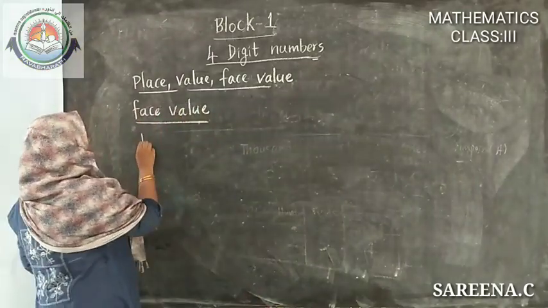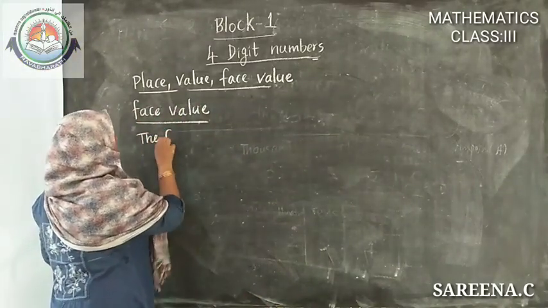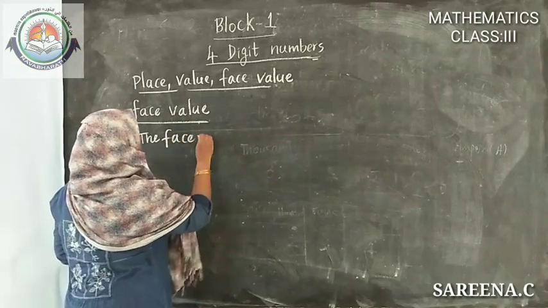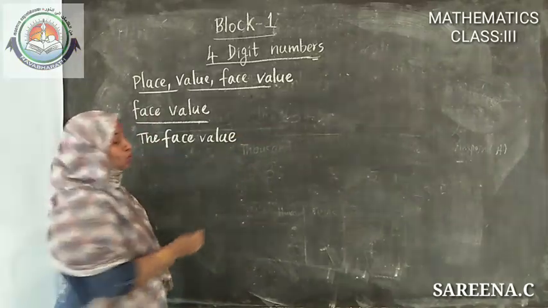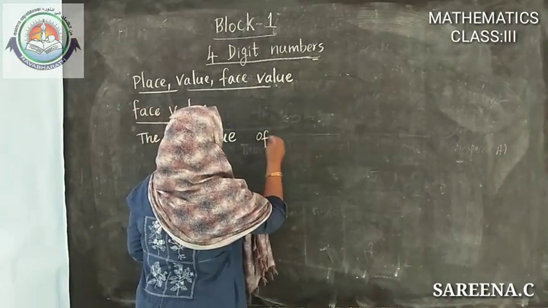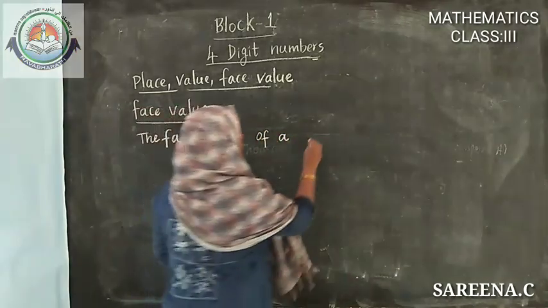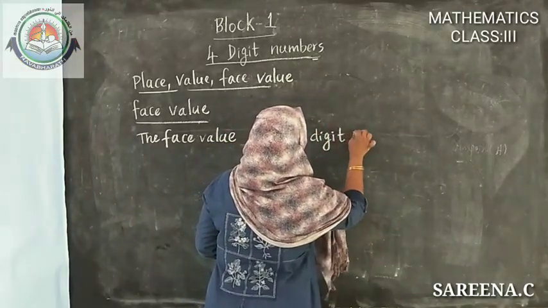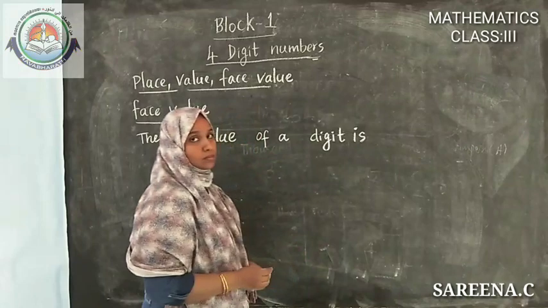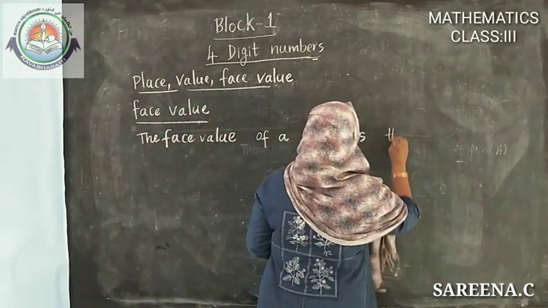The face value of a digit is the number itself.